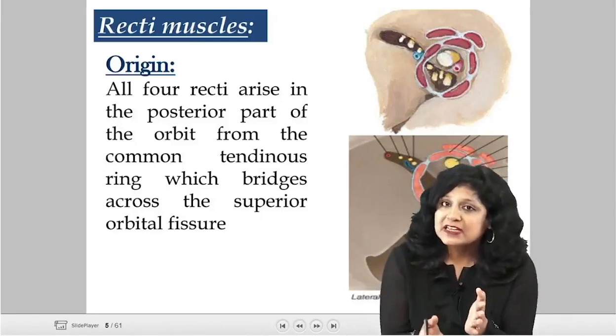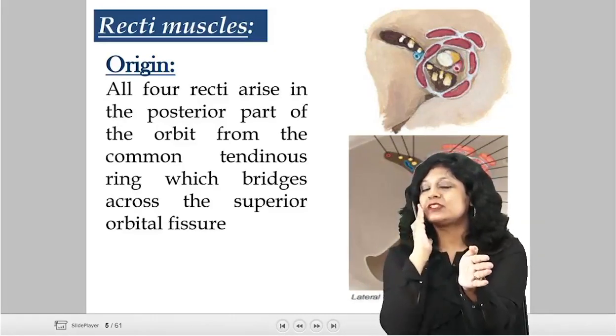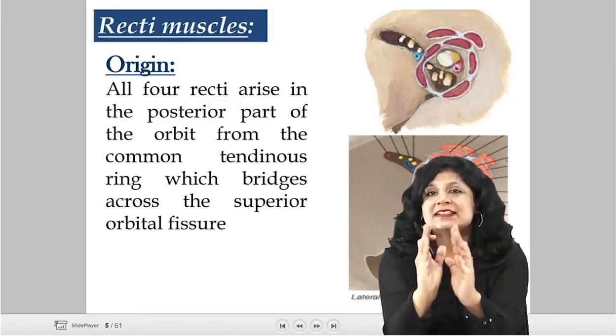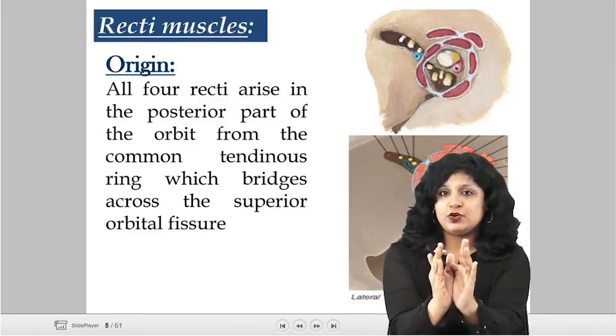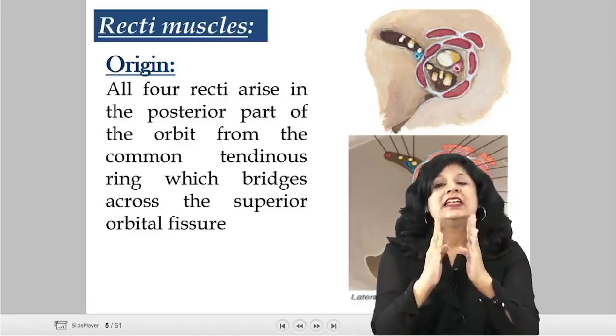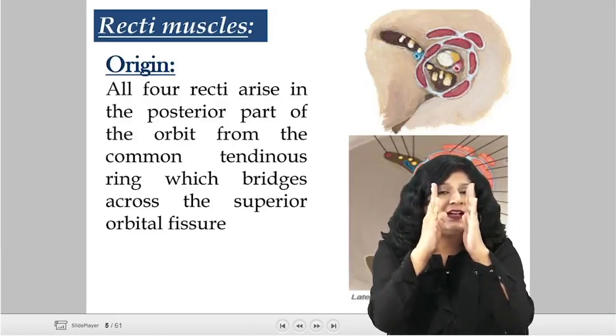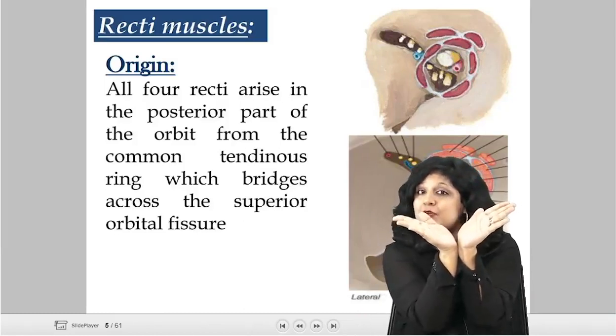The orbit is pyramidal in shape. The apex of the orbit is lying posteriorly, and the base is lying anteriorly, we already know. So the shape of the orbits is something like that: the medial walls are parallel to each other and the lateral walls are perpendicular to each other.